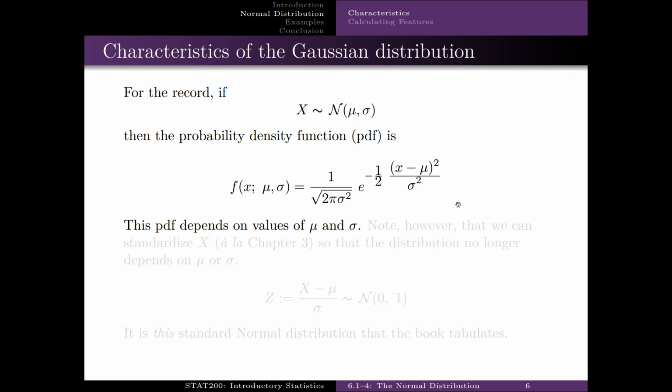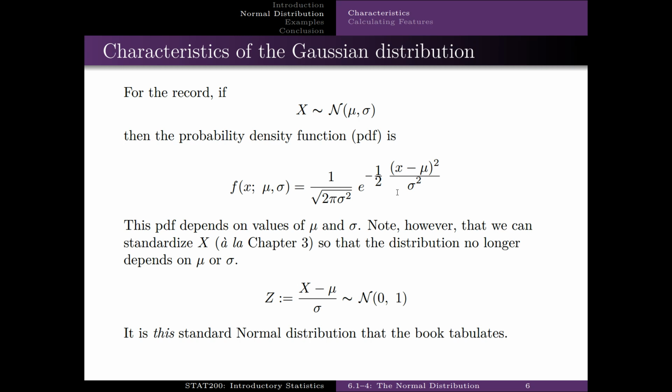Notice that the PDF depends on mu and sigma. It depends on sigma in a couple places. However, recall from chapter 3 when we looked at the standardized score, we can subtract off mu and divide by sigma and we actually come up with another normal distribution. It's a normal distribution that does not depend upon mu and sigma.